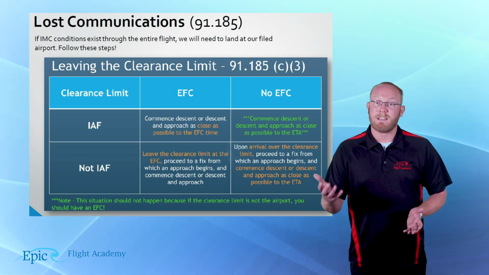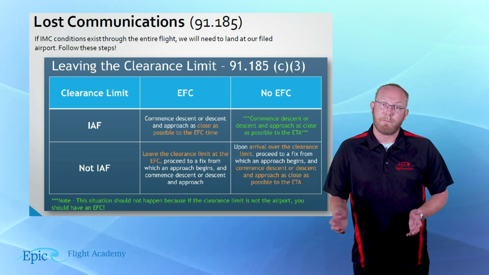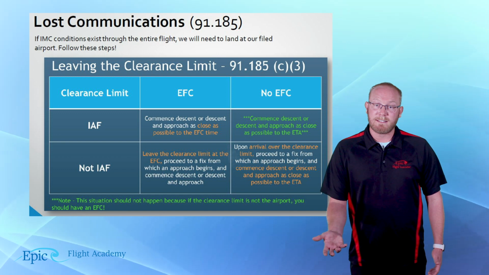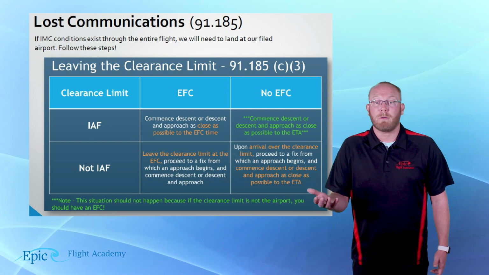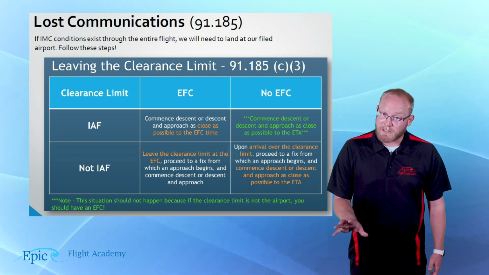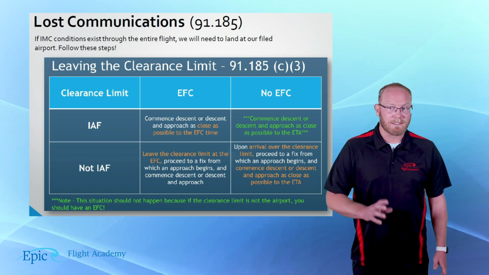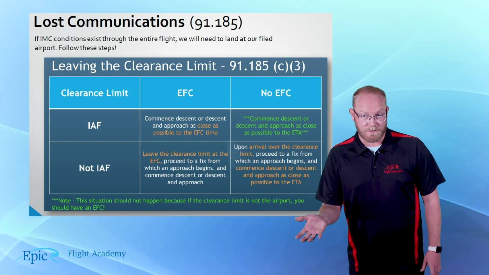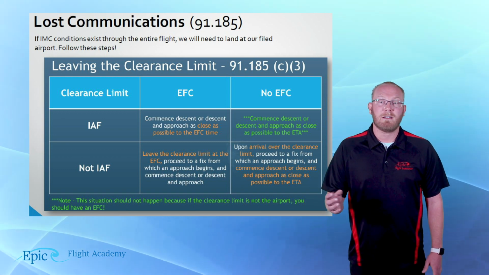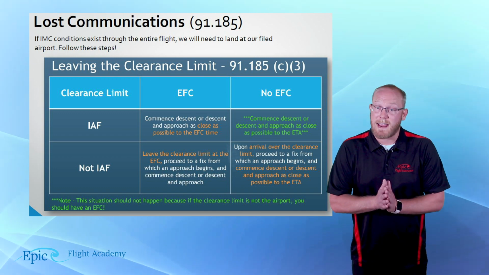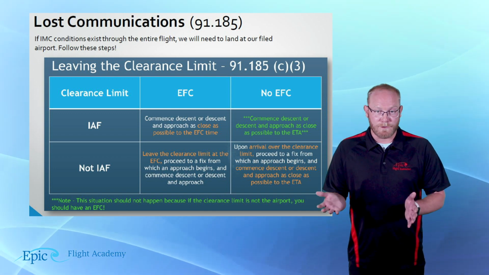If you do have an EFC, and it is an initial approach fix, you want to commence that descent or descent and approach as close as possible to that EFC time. If it is an initial approach fix and you do not have an EFC, you want to commence that descent or that descent and approach as close as possible to your ETA time. So there's a little bit of a difference there.